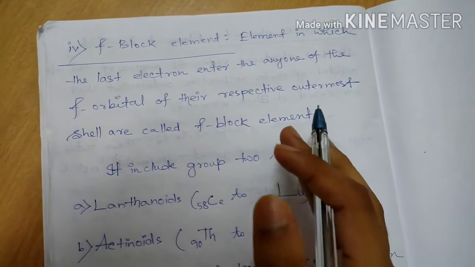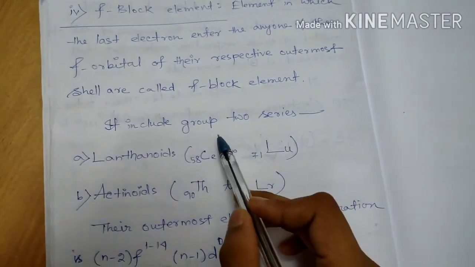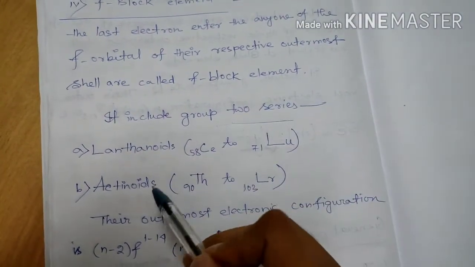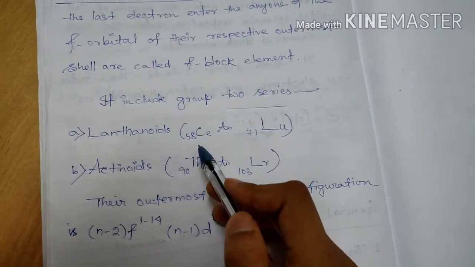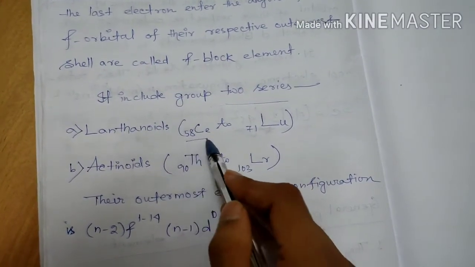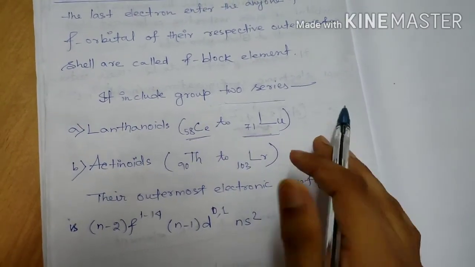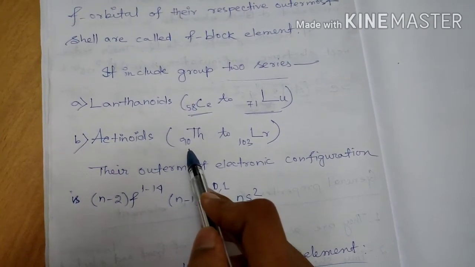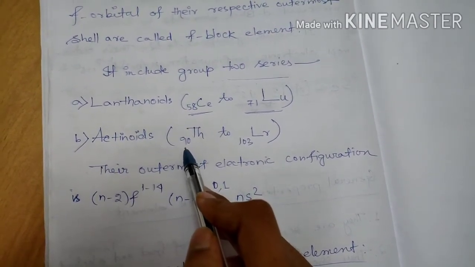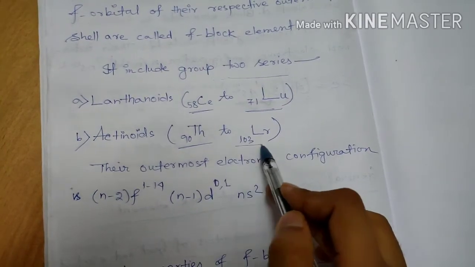So the f block elements include two series, that is lanthanoids and actinoids. Lanthanoids include the elements from atomic number 58 to atomic number 71, and actinoids include the elements from atomic number 90 to atomic number 103.